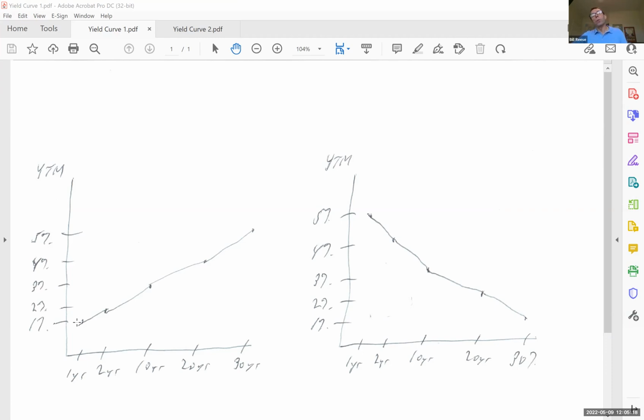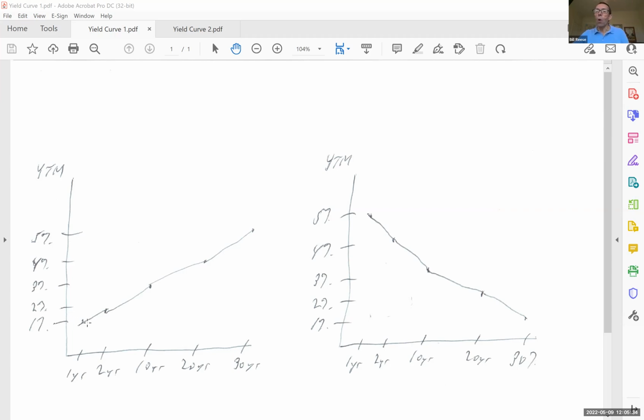Now, these are all typically done with what they call the on-the-run treasuries, meaning the most recently issued treasuries. So the most recently issued 1 year treasury bill has a yield to maturity of 1%.